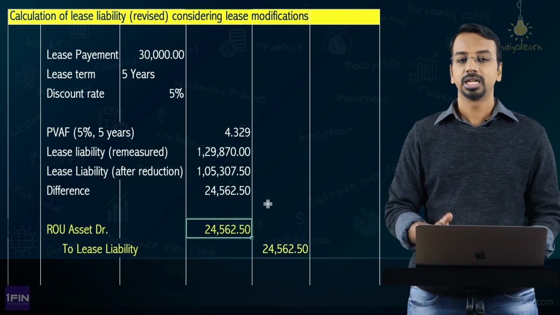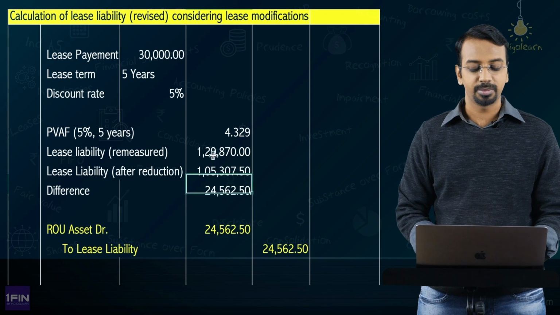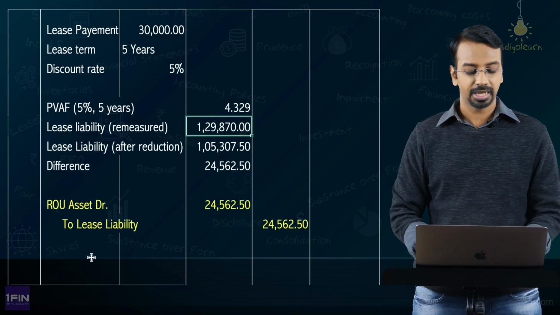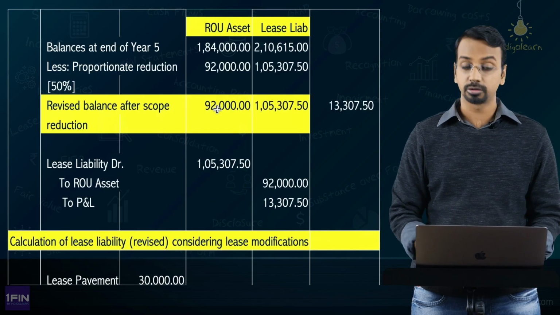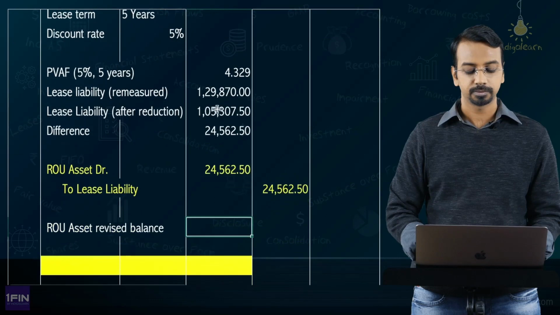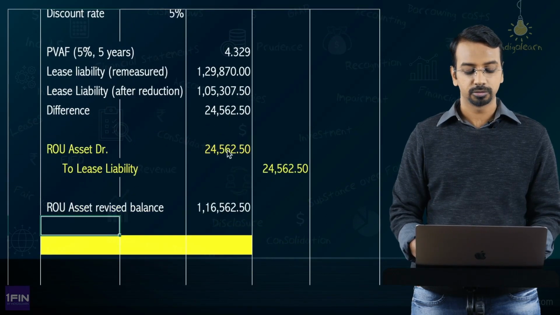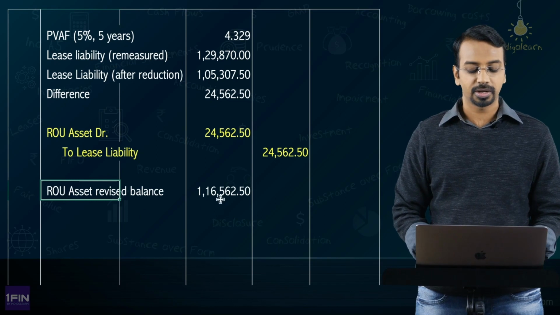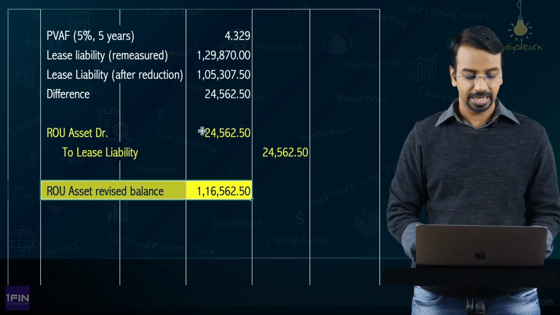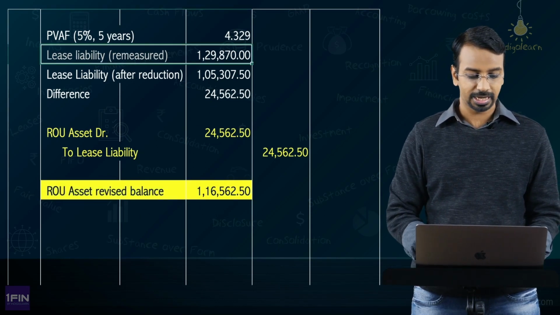So basically now your revised balance will be lease liability 129,870 and ROU asset revised balance would be 92,000 plus 24,562. You get 1,16,562. So this will be the ROU asset revised balance, and this will be the remeasured lease liability.